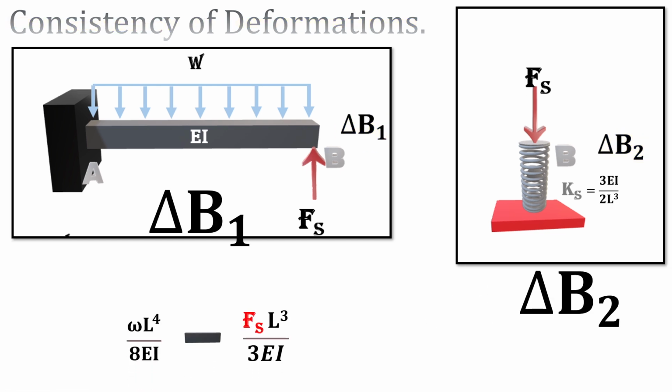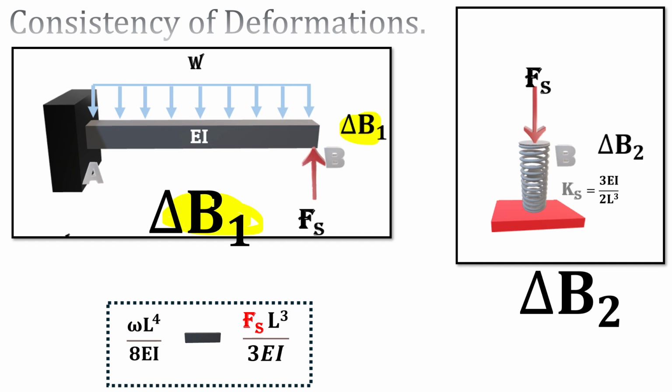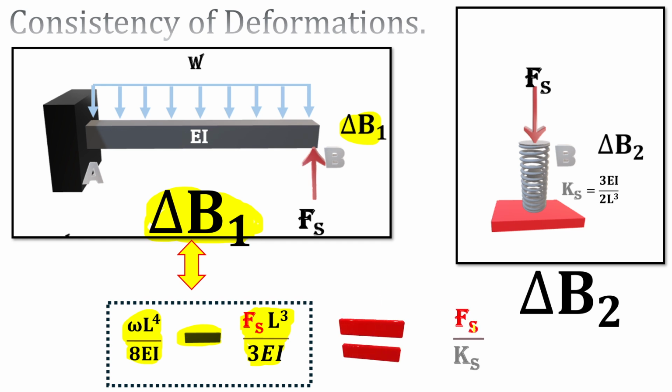And if that's the case, delta B1 comes from the subtraction of the upward delta 2 from the downward delta 1, which we talked about previously, and that should be equal to Fs over Ks, which is delta B2, and that's again the consistency of deformations.